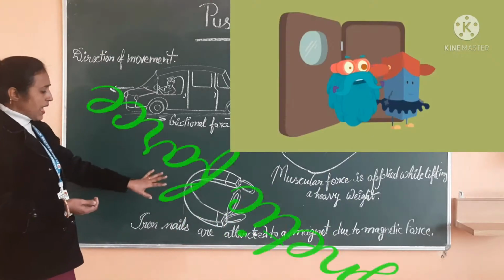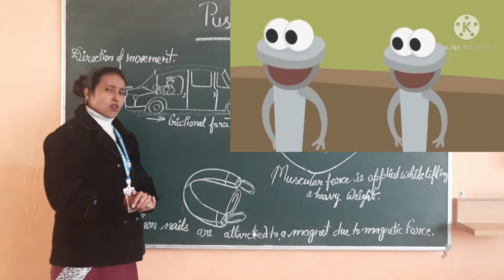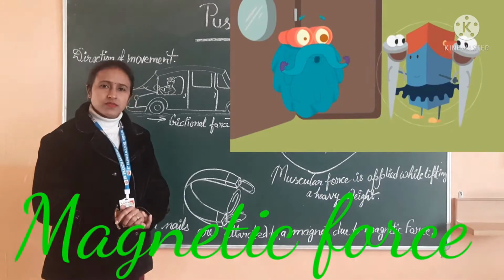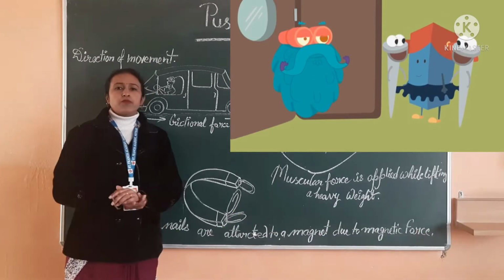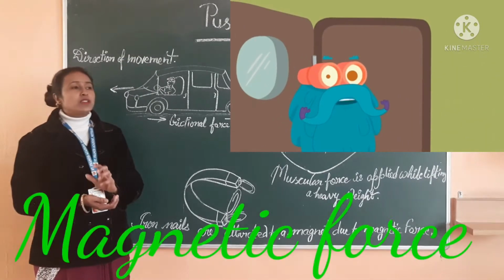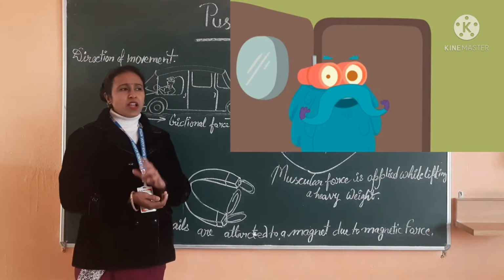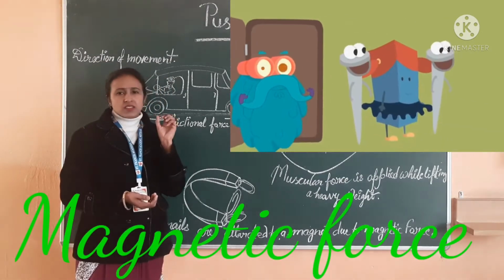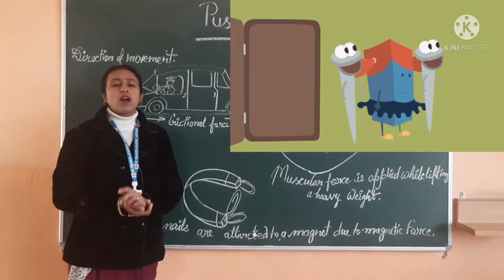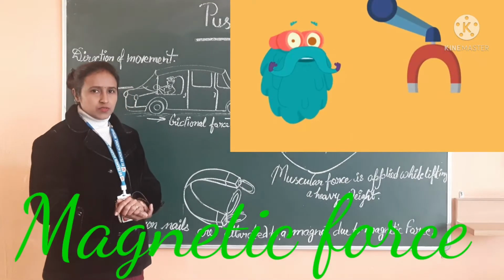The next one is magnetic force. Have all of you seen a magnet? A magnet always applies a force. Think about why a magnet attracts iron particles towards itself. How is this possible?